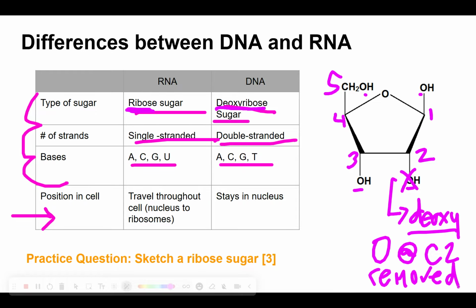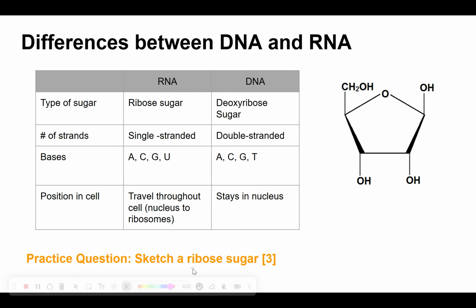Okay. So if you were asked to sketch just a regular ribose sugar, you would sketch the one that is here. If you were asked to sketch a deoxyribose sugar, you could sketch the same one, except you could just take out this whole hydroxyl group, because the IB takes it for granted that you understand that any place where there's not a hydroxyl group, there's a lone hydrogen atom.